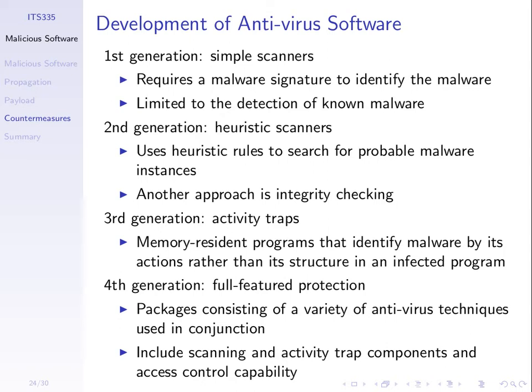The signature may be simple, look for lines of code in the virus. So if the virus contains these 100 lines of code, and the file that came into your computer contains those 100 lines of code, then assume that that file contains the virus.